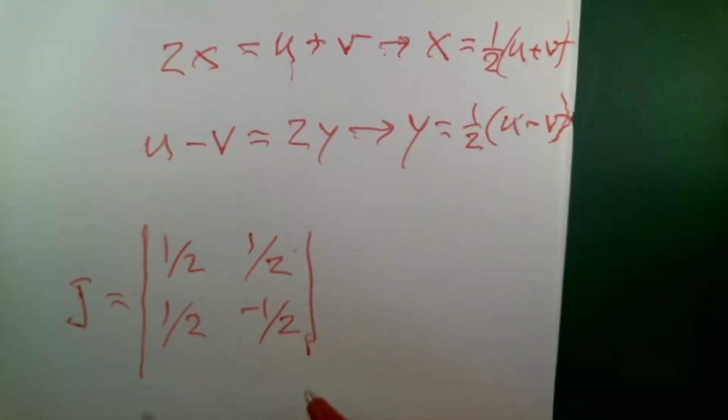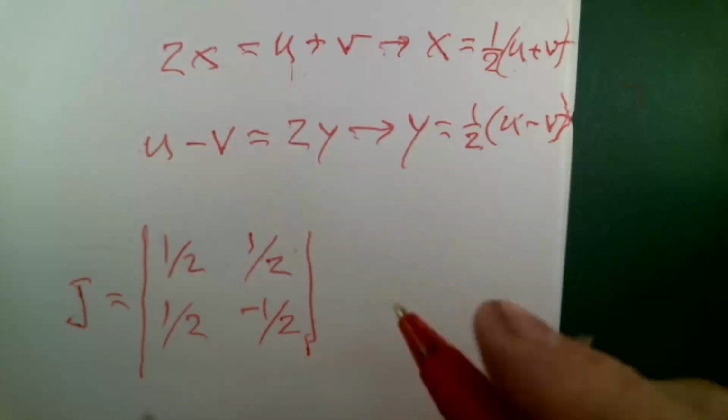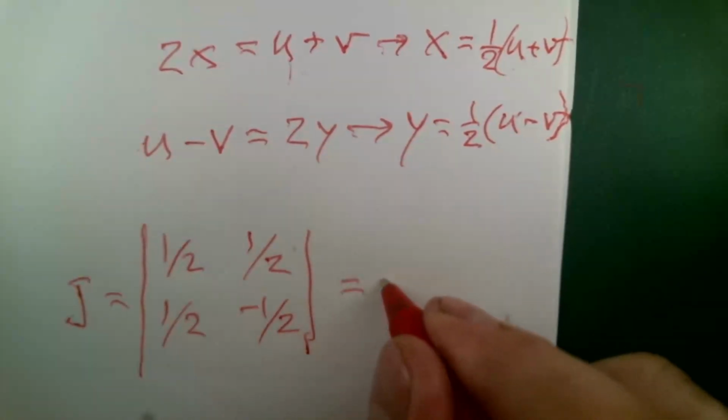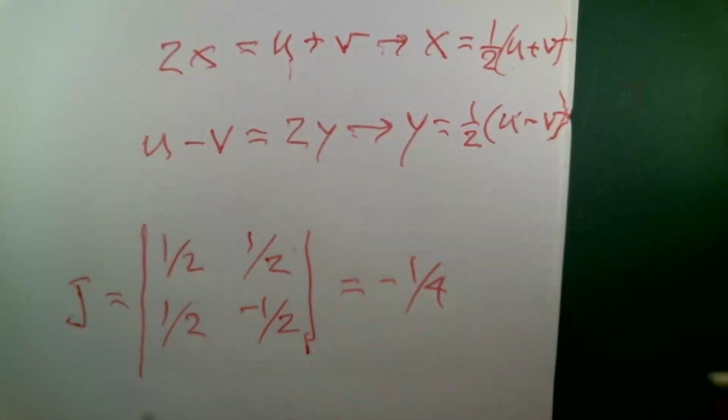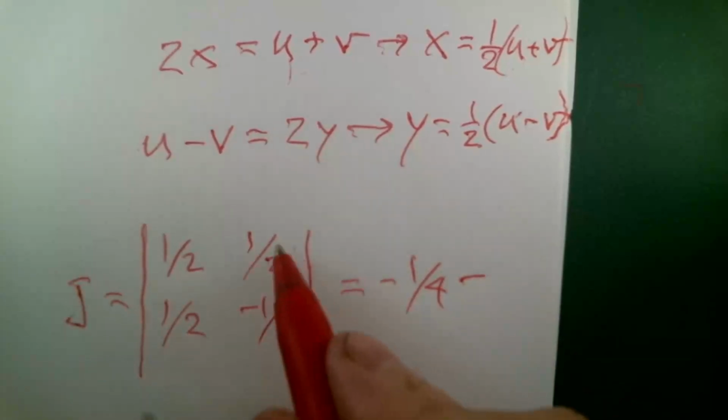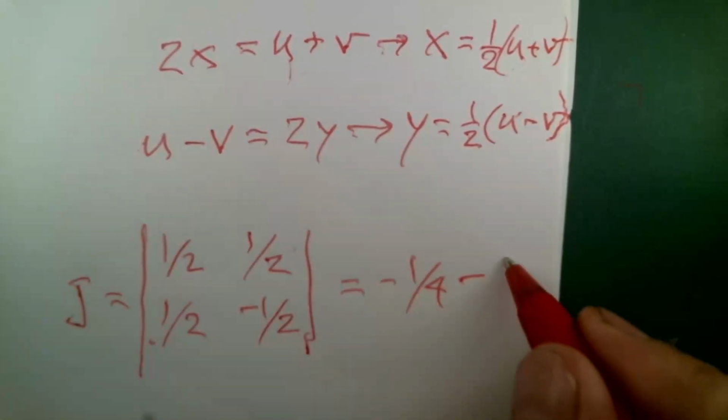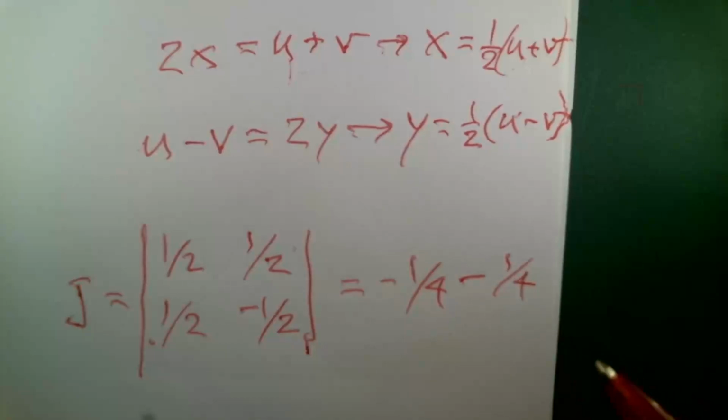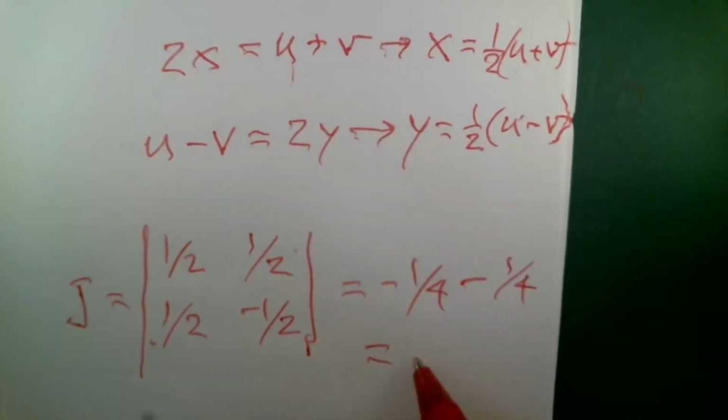So when I take that determinant, I get 1/2 times -1/2. That's -1/4. And then I subtract 1/2 times 1/2. That's also 1/4. -1/4 minus 1/4 is -1/2.